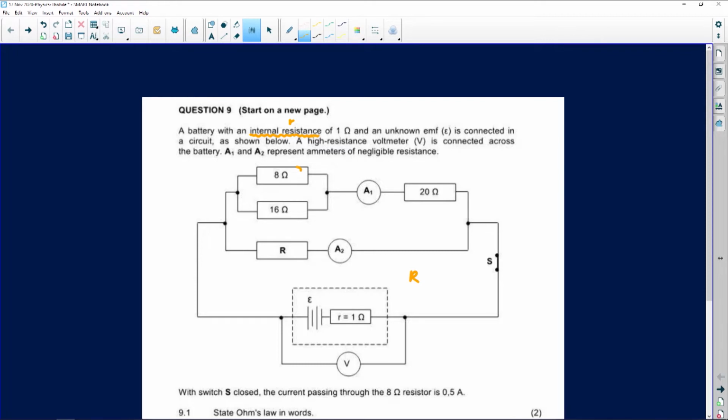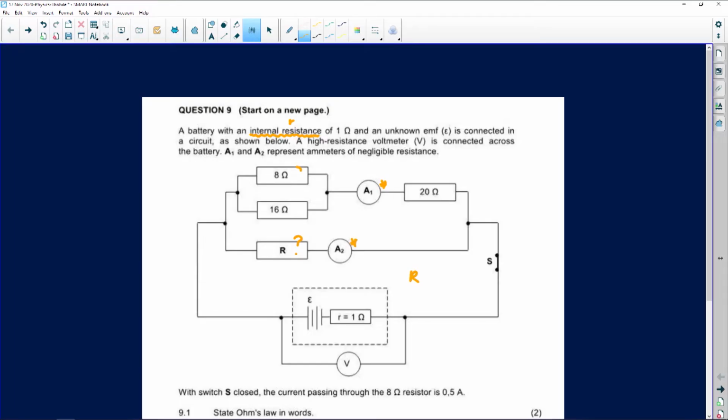However, we do not know whether the ammeter reading on this one and the ammeter reading on this one will be the same, because we do not know what the resistance of resistor R is. Another thing to remember: when resistors are in parallel, it doesn't necessarily mean the current will split equally. The current will split depending on what each resistor technically requires.